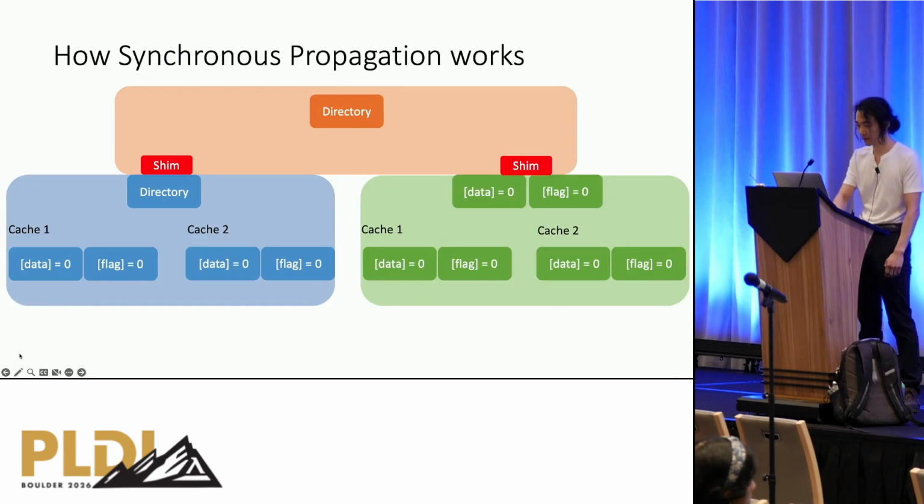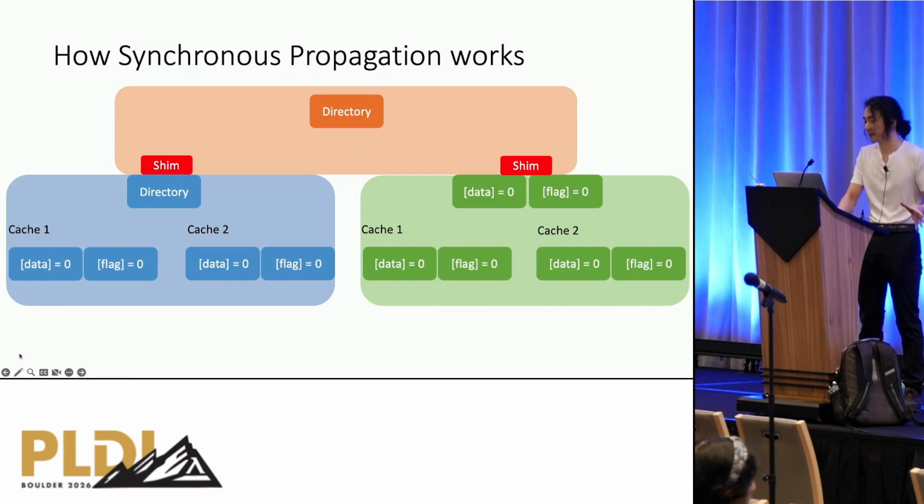Right. Now, consider a combined CPU and GPU system. The key players are the shims that connect the CPU protocol and GPU protocol to the global protocol. And again, assume that the flag and data are cached both locally in the CPU and GPU with values of 0.